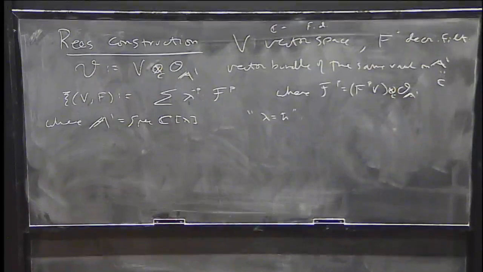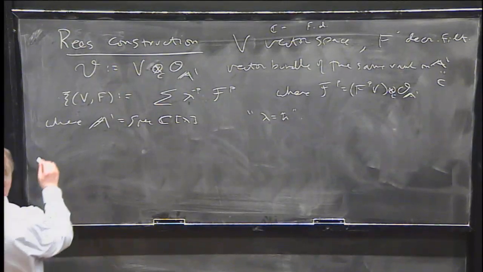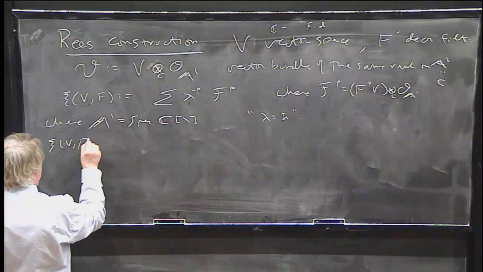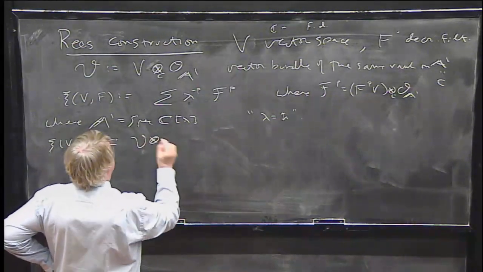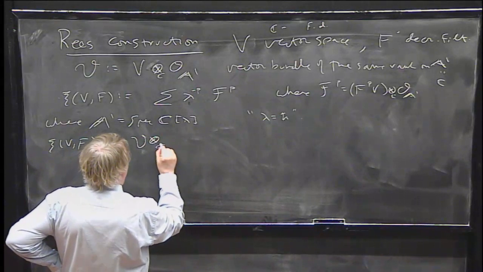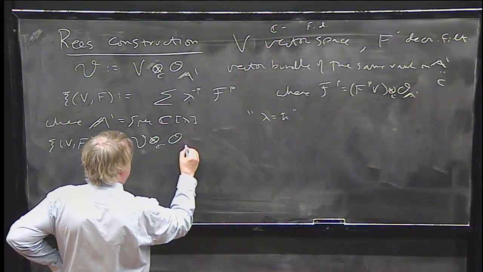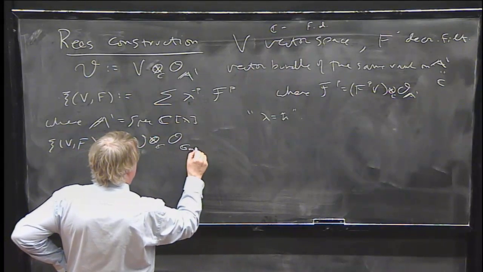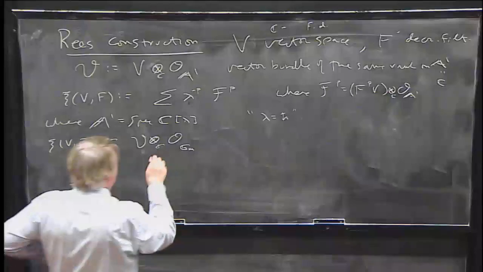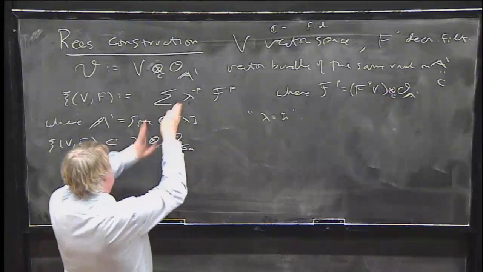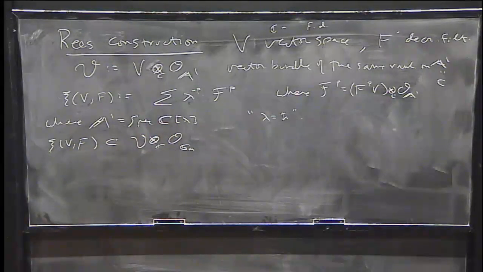Okay, so this is called the Rees construction. Really, it's a subsheaf of V tensor the structure sheaf on G_m, and we should take the i lower star of that onto A1.